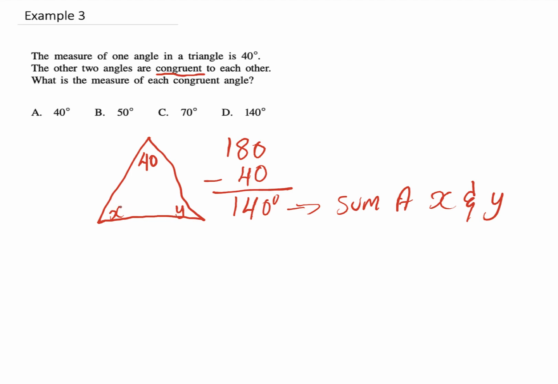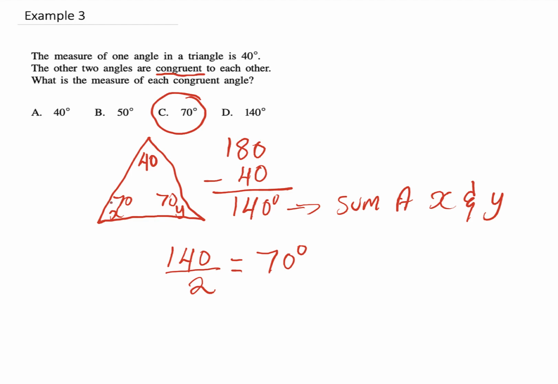So what would be X and what would be Y? Now because they're congruent, meaning the same, I'm going to take 140 and divide that by 2. That is 70 degrees. So my answer is C. So X is 70 and Y is 70.